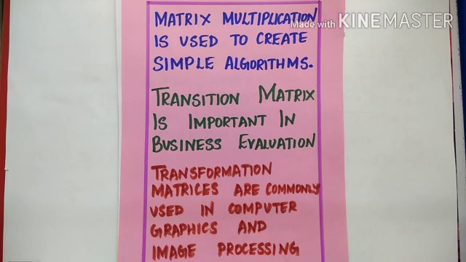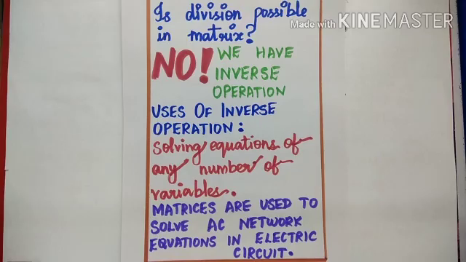Transition matrix, which we will study next year, is an important tool in business evaluation. Matrices, the transformation, is commonly used in computer graphics and image processing. Is division possible in matrix? No. Instead, we have the inverse operation.